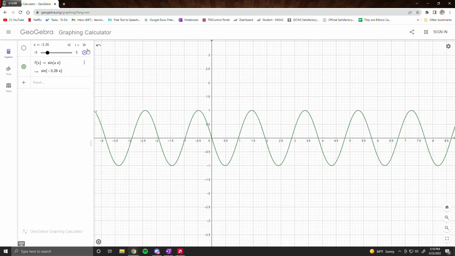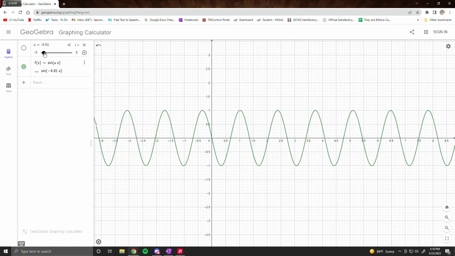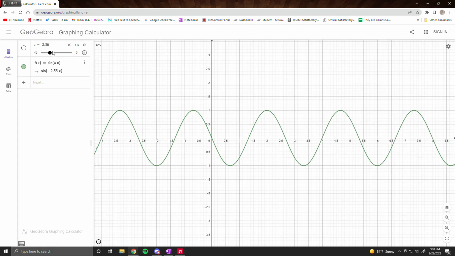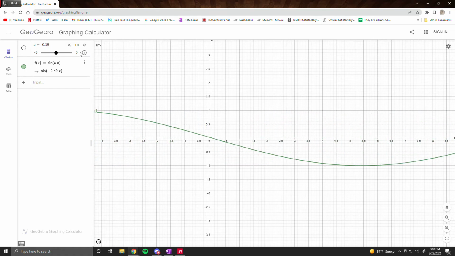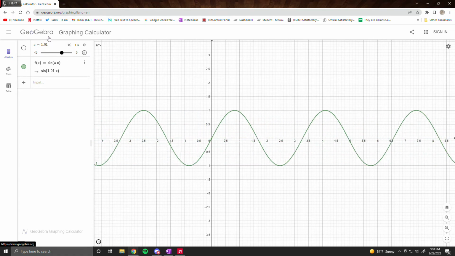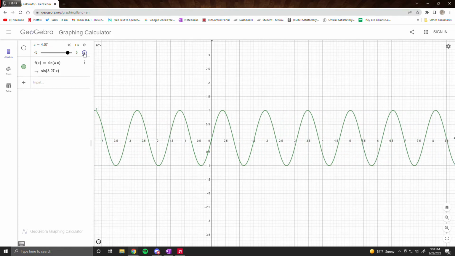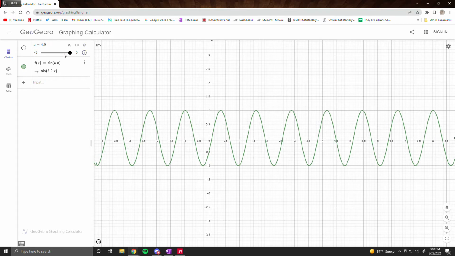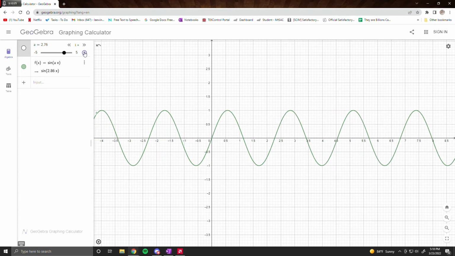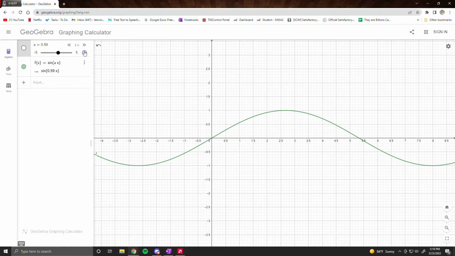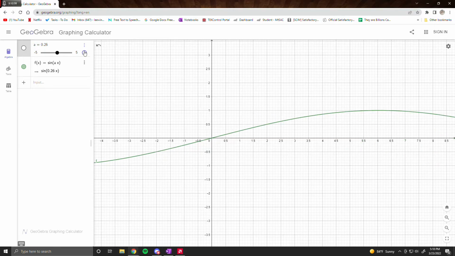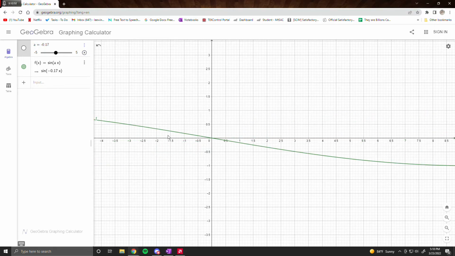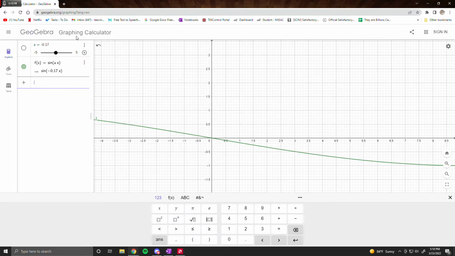When a is large, greater than 1, my sine wave gets smushed. And when a is less than 1 and really close to 0, my sine wave gets really stretched out. Why is this important?